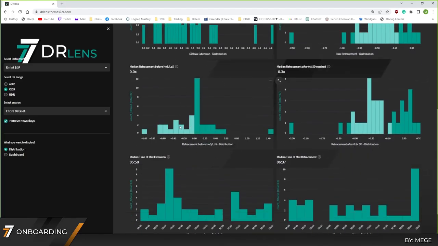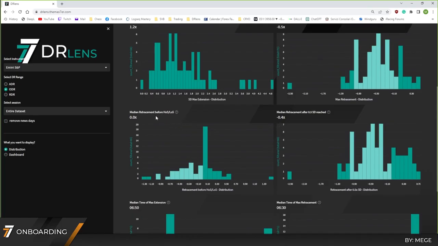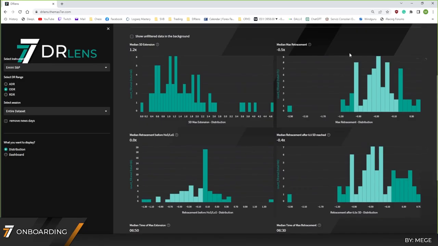But you can still see that this is quite relevant, right? What we're looking at is the retracement before the high of the session. We're trying to pinpoint the retracement before making a new high, right? The absolute maximum retracement can happen at any time, even at the end of the session, so you have less certainty of what happens afterwards.